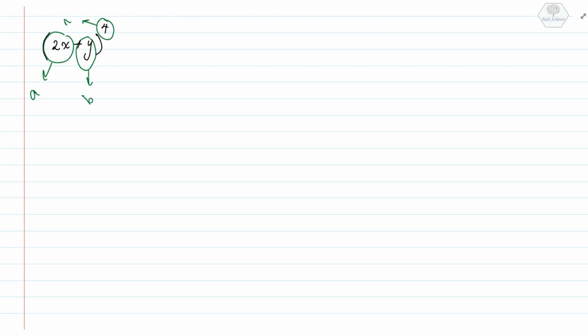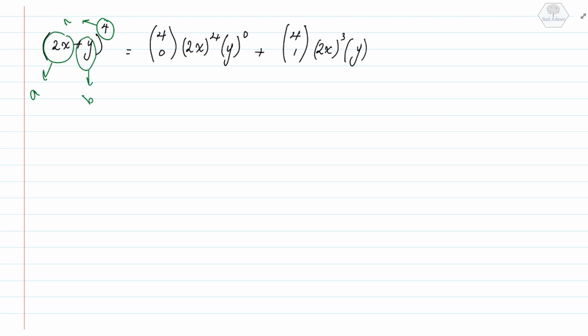So the expansion is equal to 4 combination 0, (2x) to the power of 4 times y to the power of 0, plus 4 combination 1 times (2x) to the power of 3 times y to the power of 1.